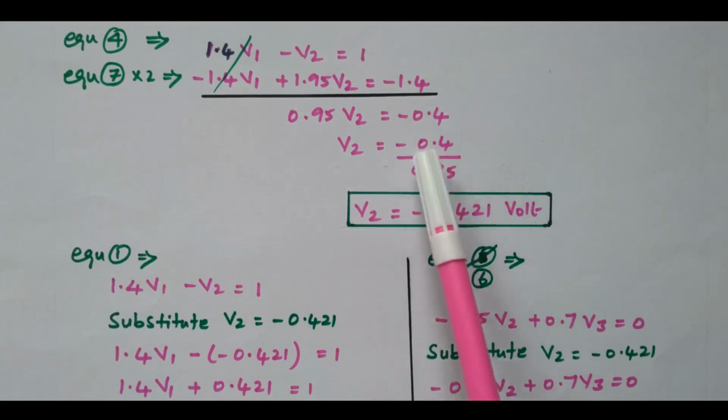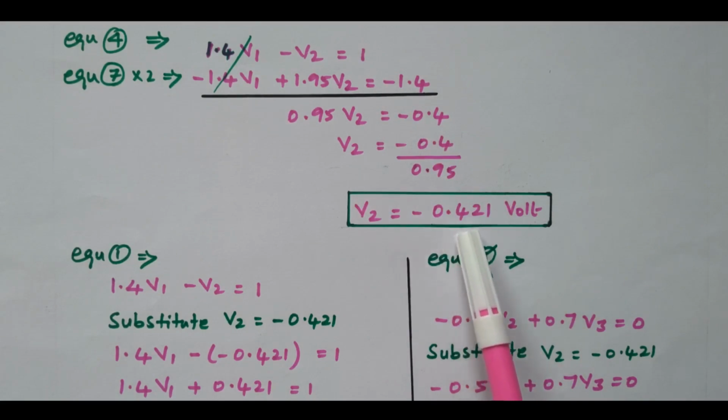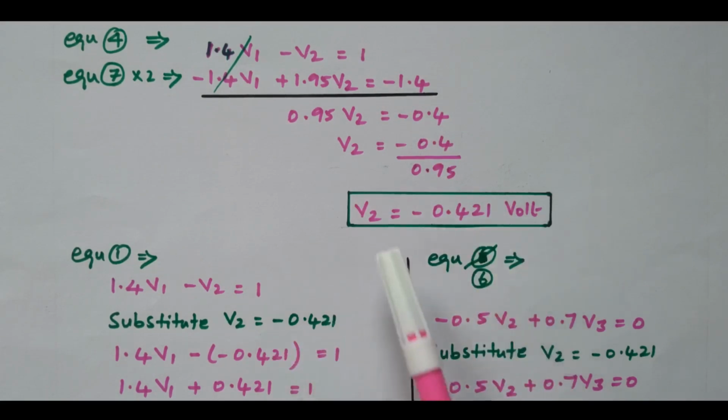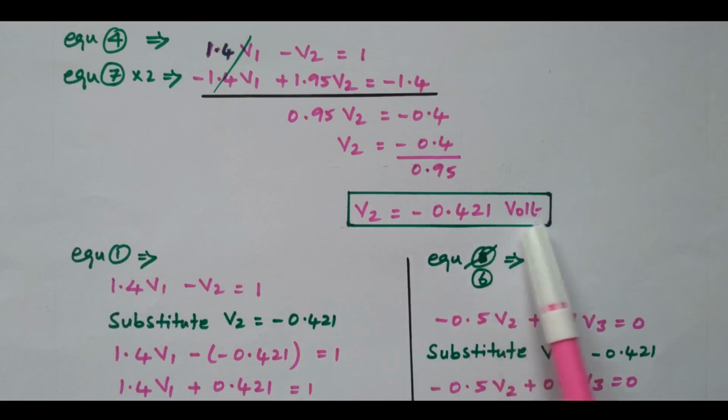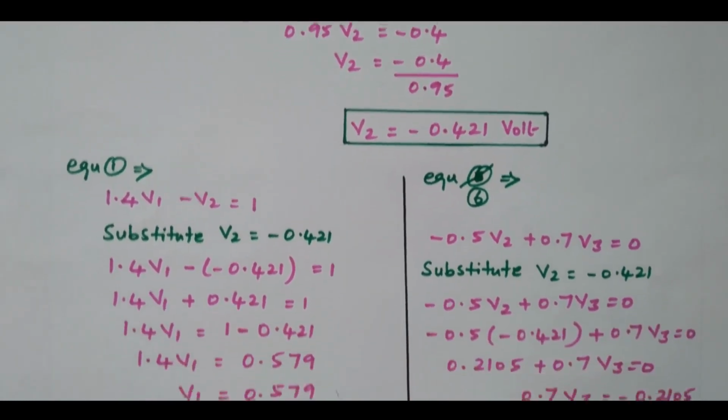So V2 equal to minus 0.4 divided by 0.95. That is minus 0.421 volts. Now we got the second node voltage. V2 is calculated. By solving the equations step by step, we got the value of V2. From V2 we can find V1 and V3. Right? So those equations are available here.